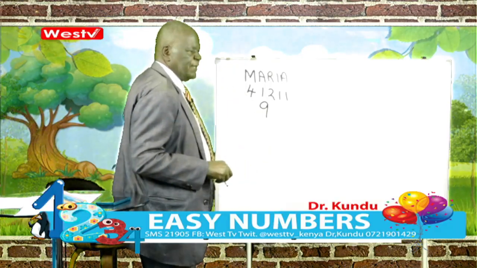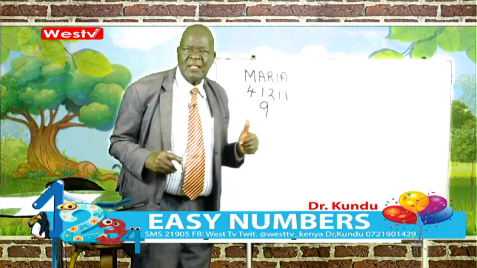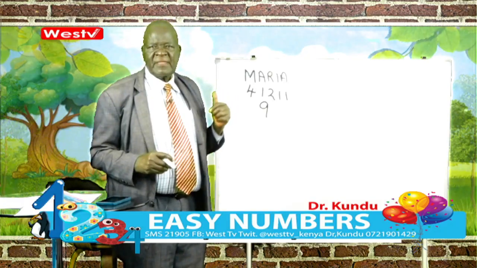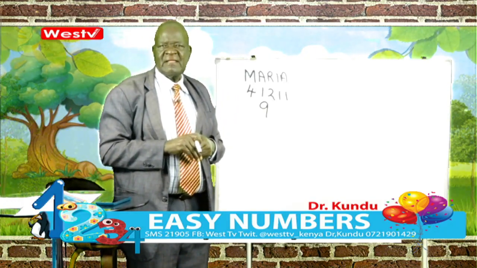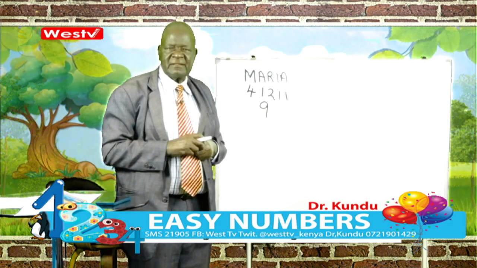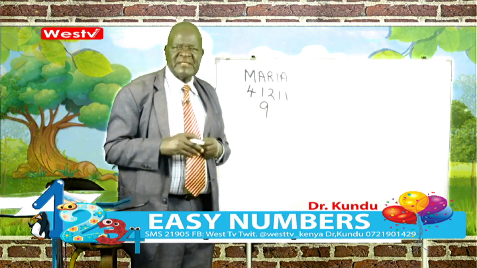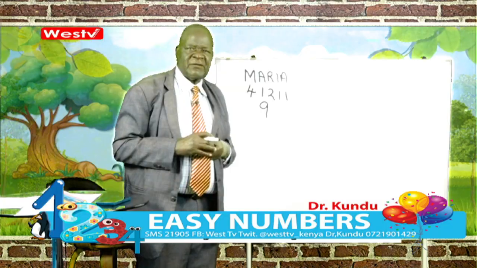So when you spell your name Maria in that order, then you are vibrating on a numeral 9. You will know its influences later on.